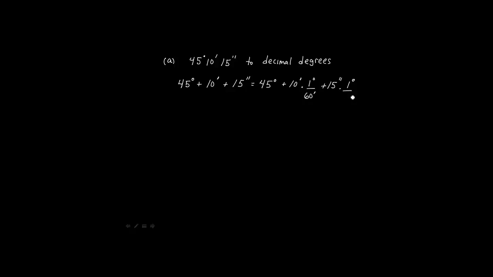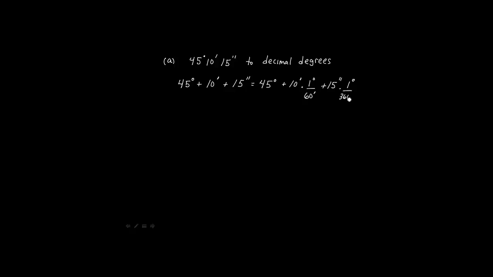Here I need to have my seconds cancel out. So I need to know how many seconds are in 1 degree. There's 60 seconds in a minute, and there are 60 minutes in a degree. 3,600.